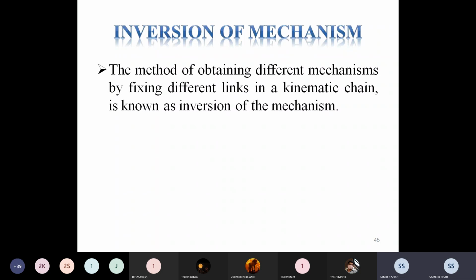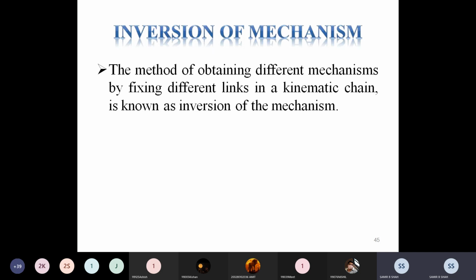Now talk about inversion: the method of obtaining different mechanisms by fixing different links. Remember this point. Suppose I have a four-bar chain mechanism, where there are 4 links attached to each other, and initially any one link is fixed. After that, I change the fixed link.